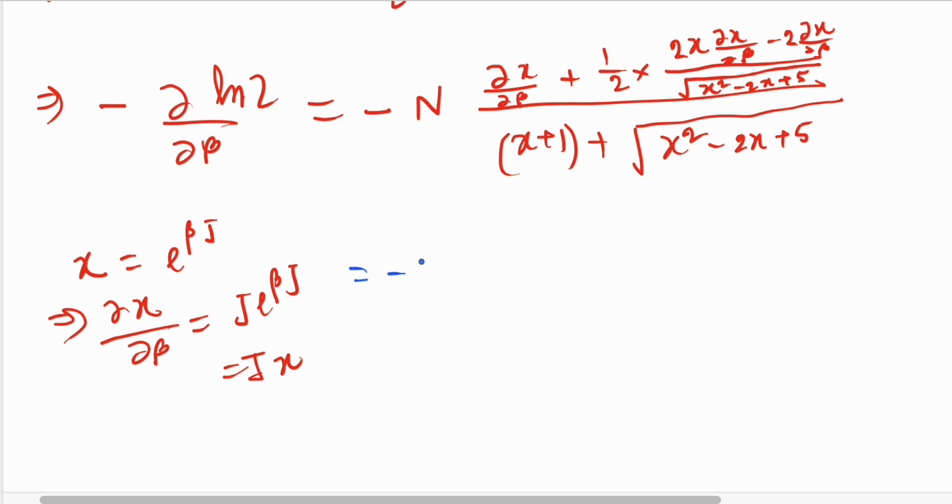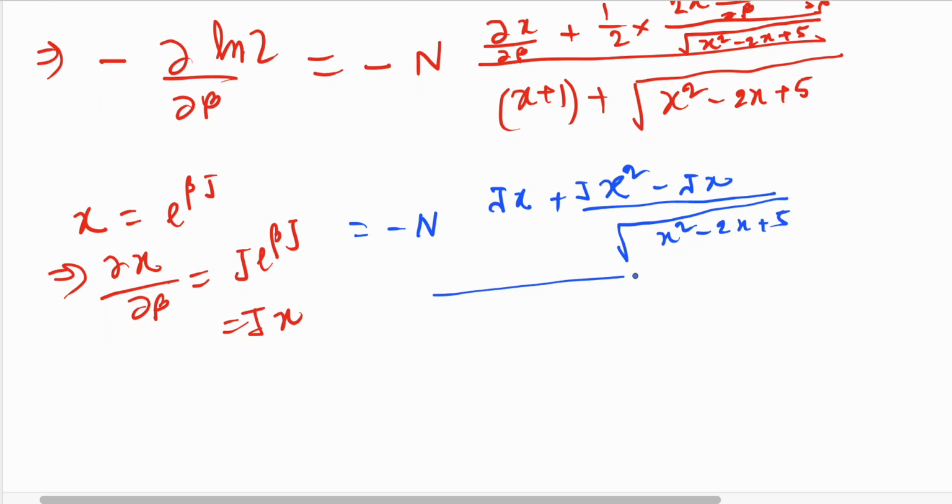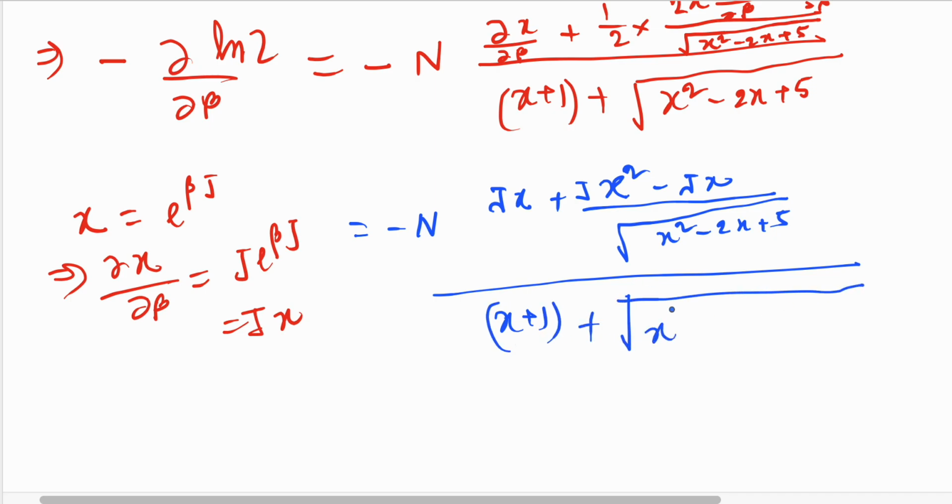It is actually minus n, jx plus jx square minus jx root over of x square minus 2x plus 5, by x plus 1 plus root over of x square minus 2x plus 5.